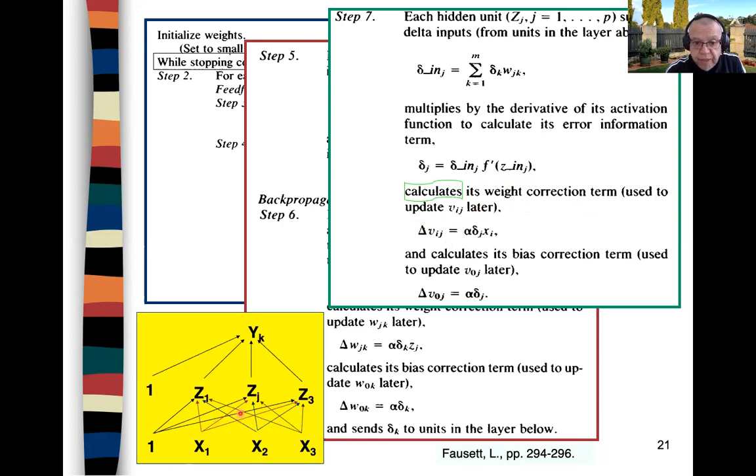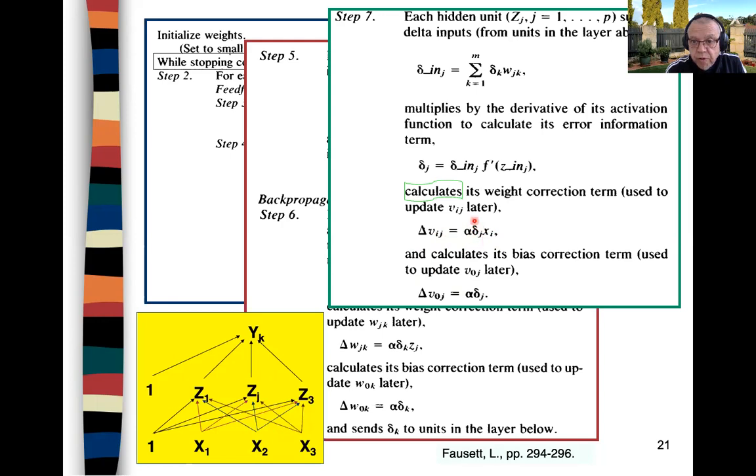So we update Vij, which is the weight between node xi and zj. Okay, so that's this delta Vij is equal to the learning rate times xi, because this is the weight that we want to correct between input node xi and hidden node zj.